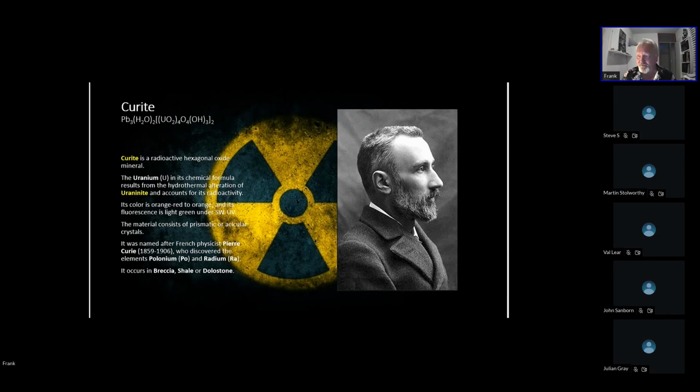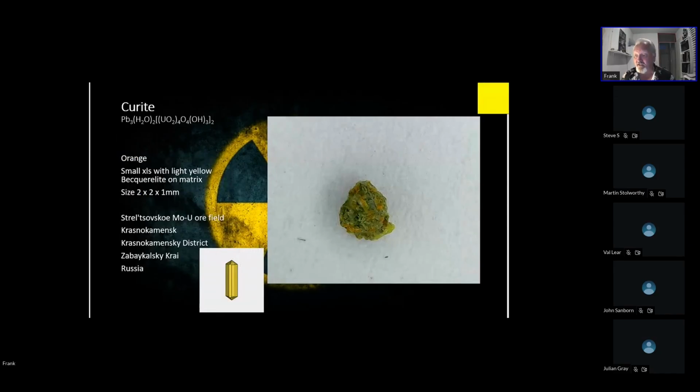Curite. Curite is a radioactive orthorhombic oxide mineral. Again, uranium comes from the hydrothermal alteration of uraninite, and it's orange-red to orange, and it fluoresces light green under shortwave UV. The material consists of prismatic acicular crystals, and it was named after the French physicist Pierre Curie, who discovered the elements polonium and radium.